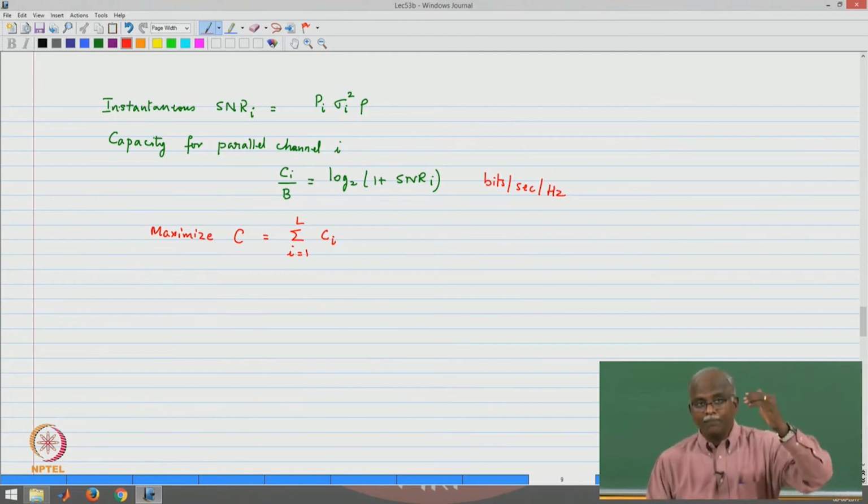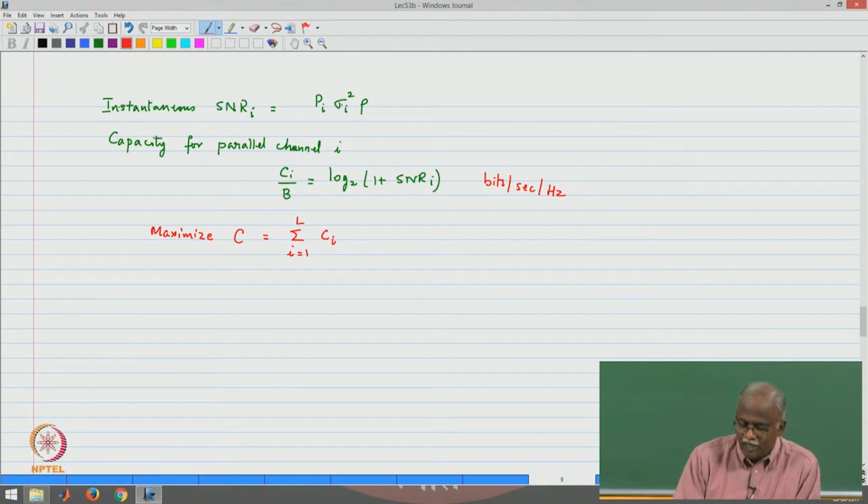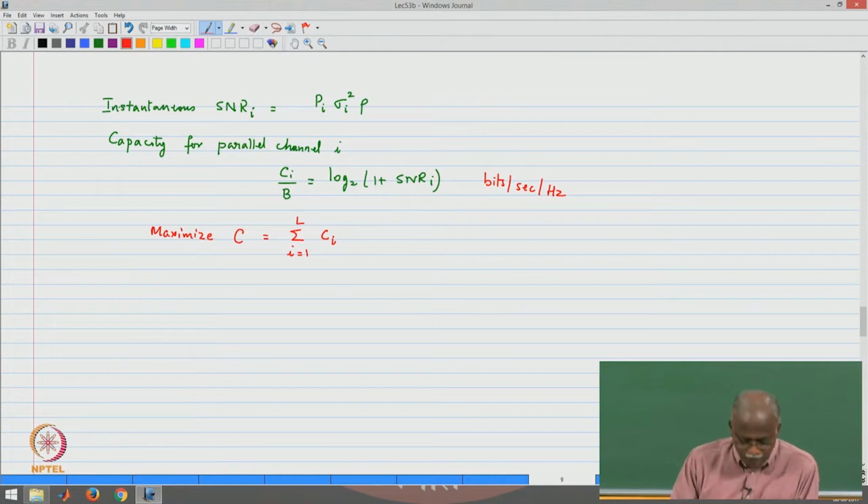We have also done the power allocation, P1 to the first channel, P2 to the second channel, PL, subject to a total power constraint, and then obtained the instantaneous SNR, used that to obtain the capacity of each of the parallel channels, and then we want to maximize the capacity. So, now looking at this scenario, let us look at the different options that we will have to achieve the capacities that we are looking for.